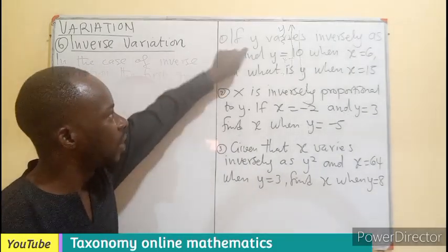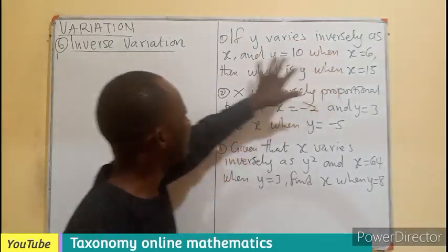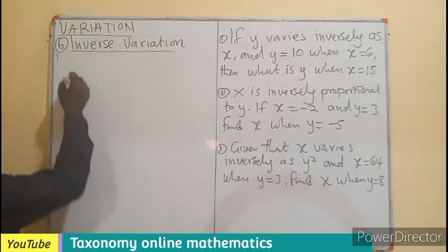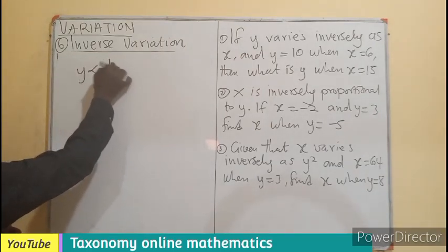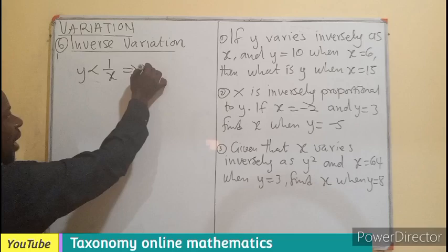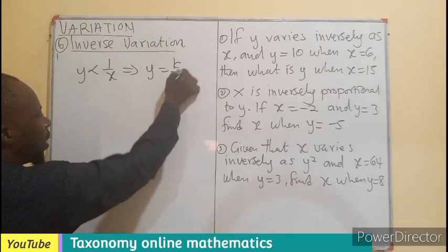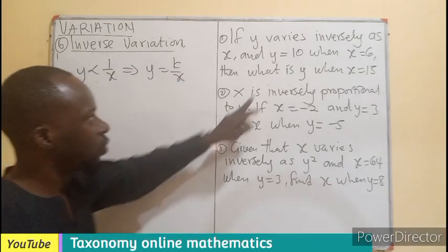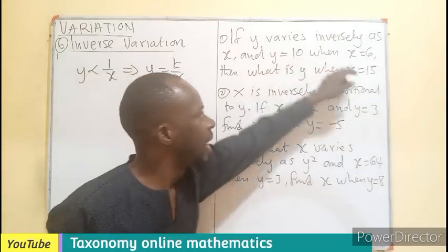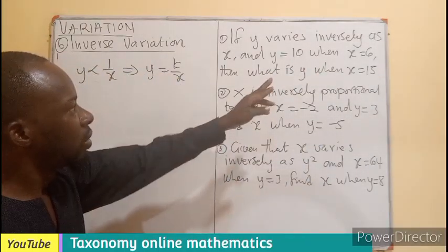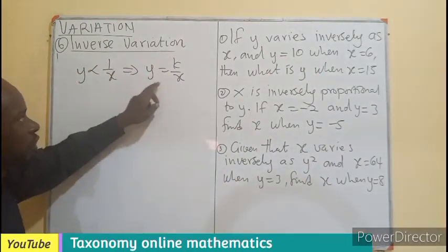If y varies inversely as x, we know it is translated as y equals k over x. So when y is 10, x is what? 6. So we are going to introduce that.